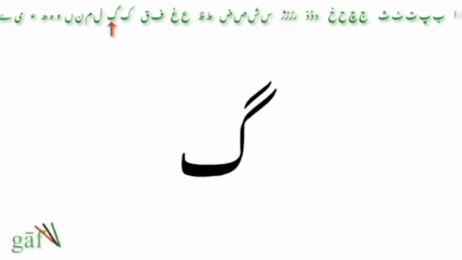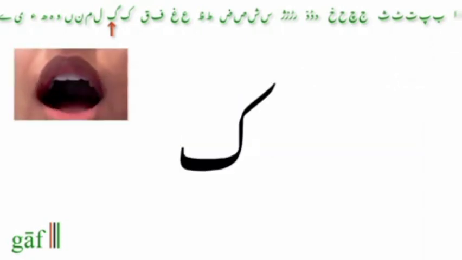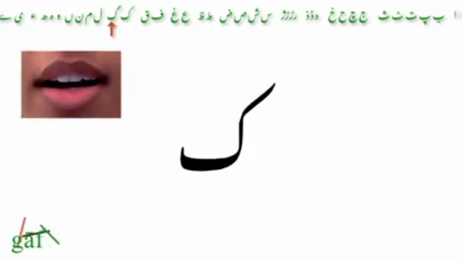And it's not throatal at all. It's like guard or garden. Qaf. Gaf. So I'm going to say the previous three in order. Qaf, gaf, gaf.